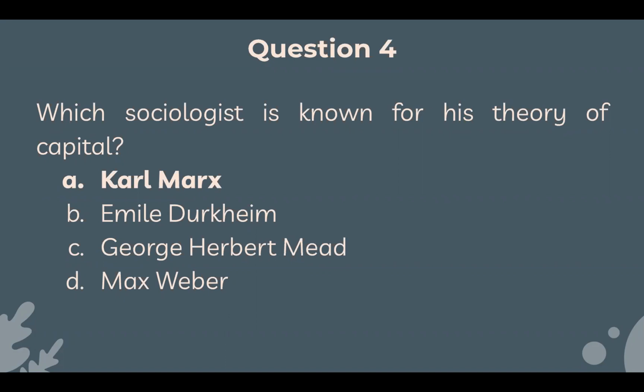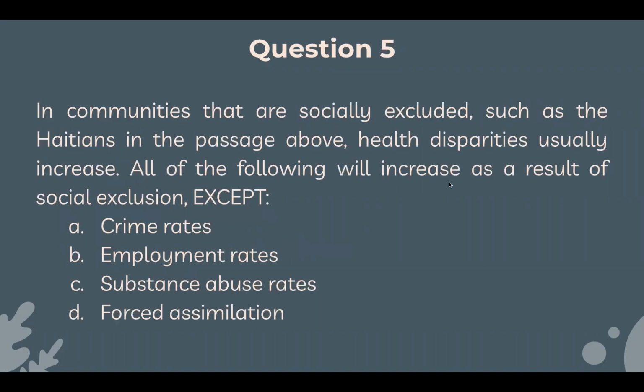Okay. And what did you guys get for question 5? Yeah, so the correct answer is B. A decline in employment rates is a sign of social exclusion, not an increase in employment rates.